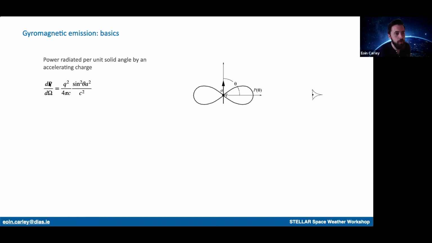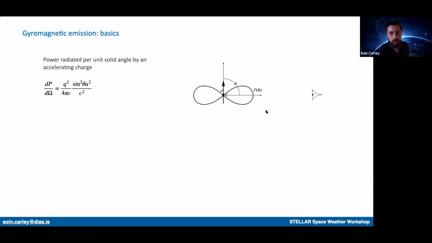And we saw in the Larmor formula, which is power per unit solid angle, we have this sine squared term here, meaning that a non-relativistic particle gyrating in a magnetic field experiences a centripetal acceleration this way, and it rotates this way, which I'll show. Its radiation pattern is actually a dipole, okay? Meaning that you see lots of power here.